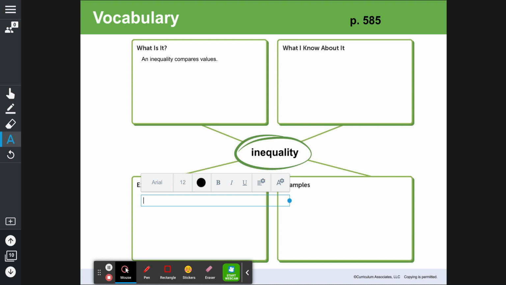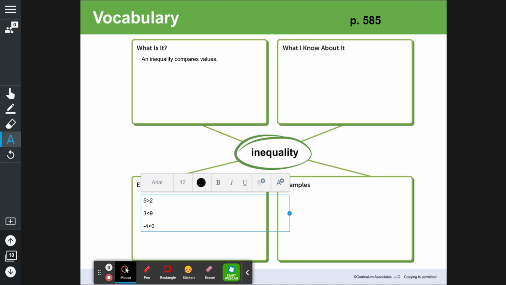I'm going to start with 5 is greater than 2. I'm going to say 3 is less than 9. And I'm also going to say that -4 is less than 0. Okay.